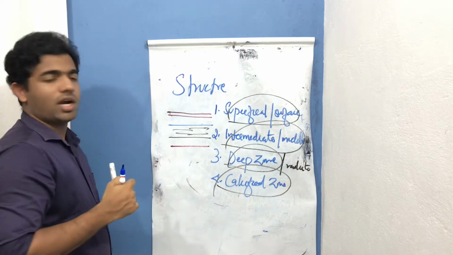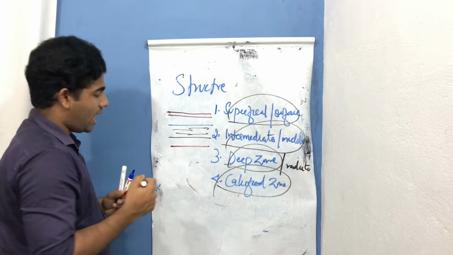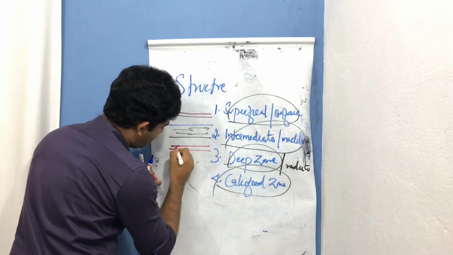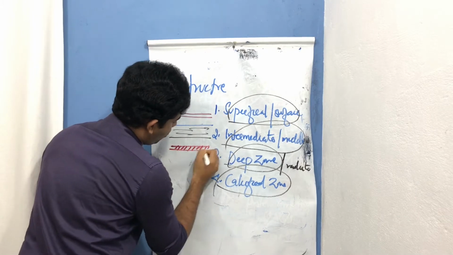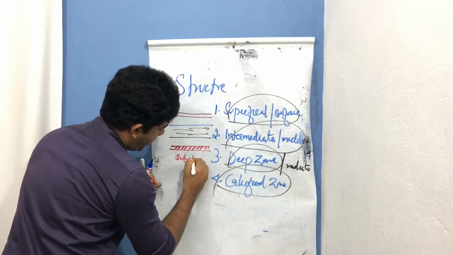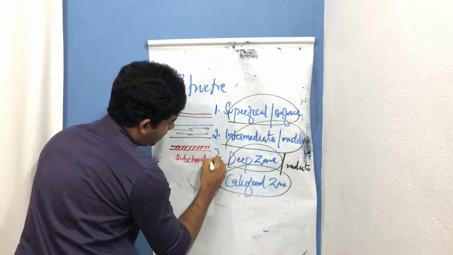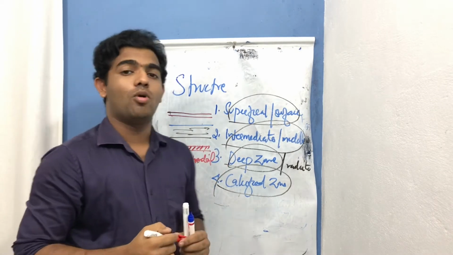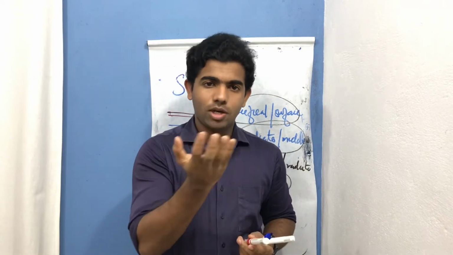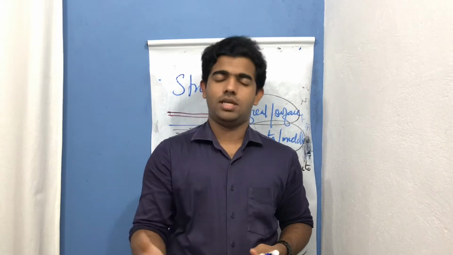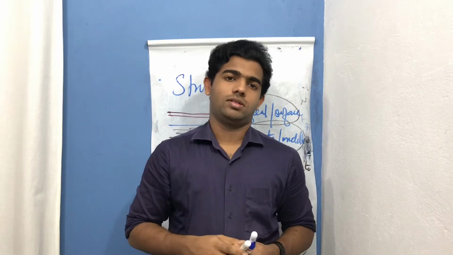Finally this calcified layer is attached to the subchondral bone. The calcified layer attaches the cartilage to the subchondral bone. Subchondral means just below the chondro. Chondro means cartilage, okay? Subchondral bone.